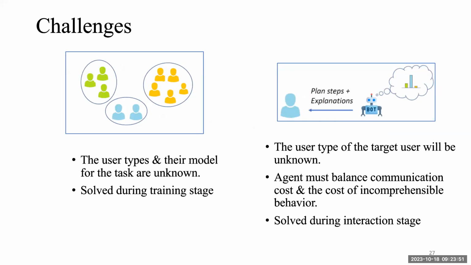The second is that when generating explanations for the plan, the type of the target user, the current user, is also unknown. And the final challenge is that when I'm generating an explanation, there is a communication cost involved. So the agent must balance the communication cost and the cost of showing incomprehensible behavior. All these challenges are solved during the interaction stage.